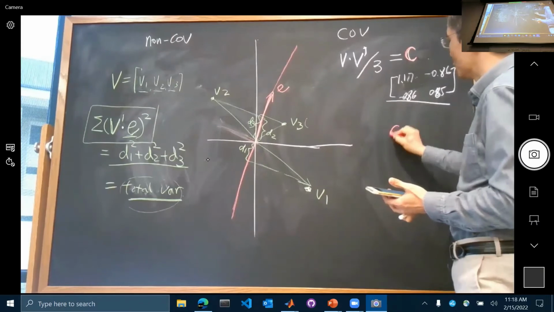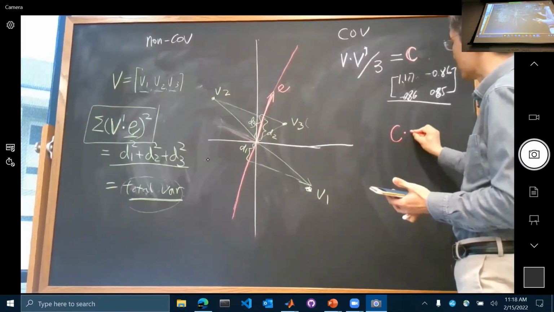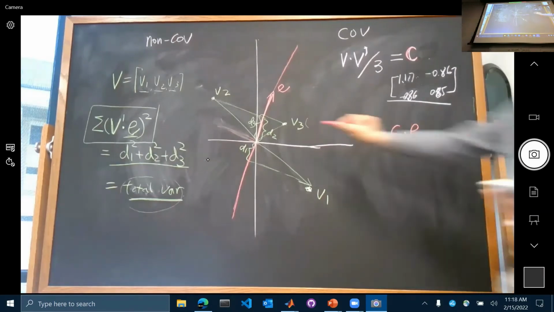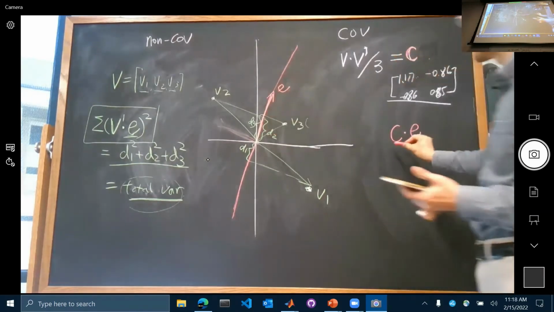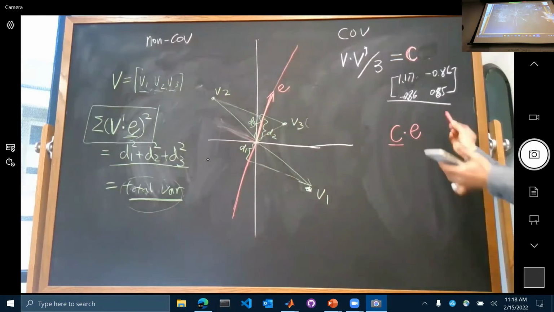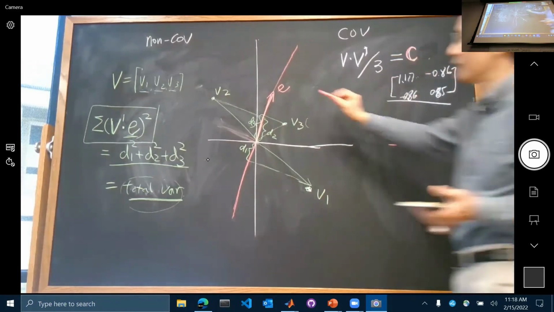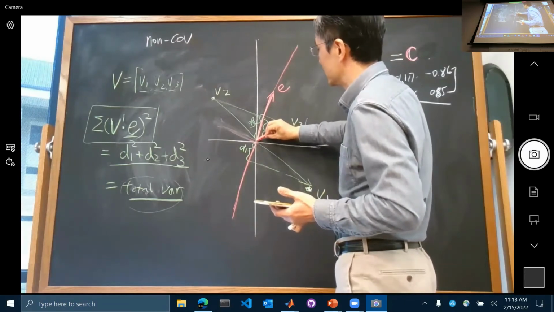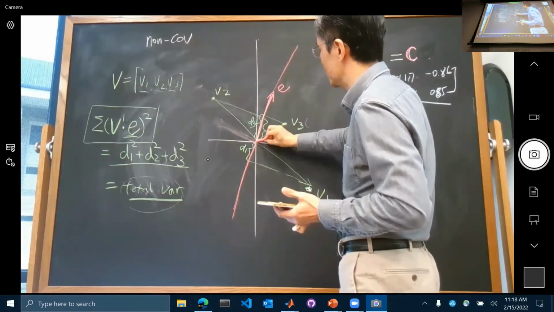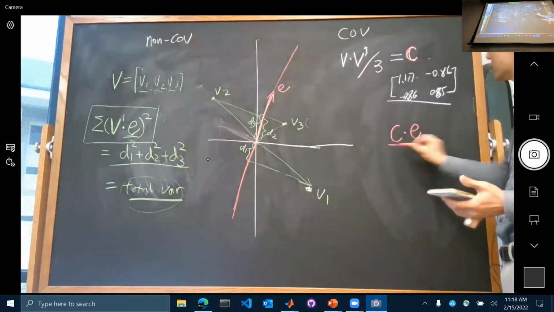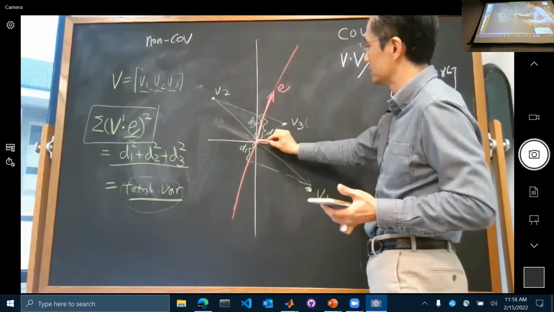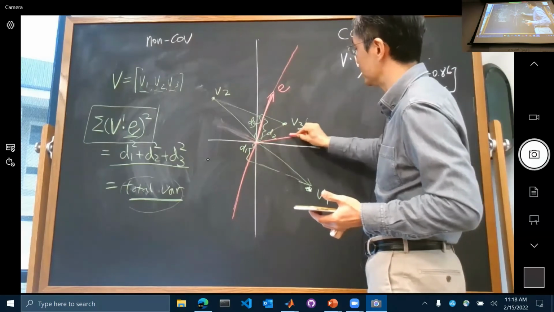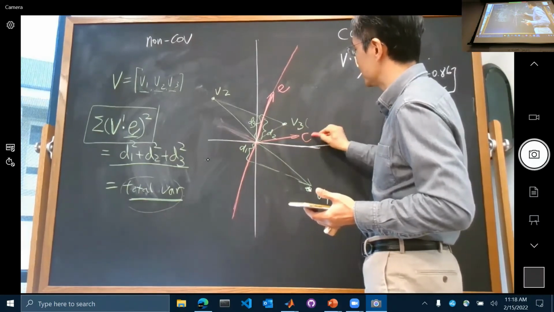So I'm going to use C to rotate my E. My E is here, and I use C as a rotation matrix to rotate it. I don't know where E becomes now. Maybe the new E will point to maybe here. So this may be C times E.